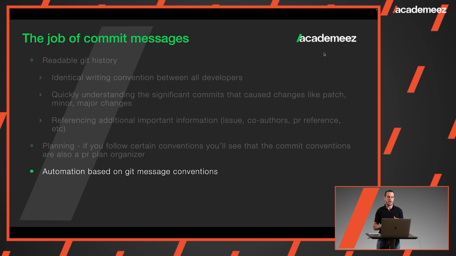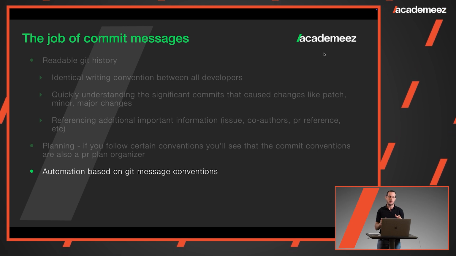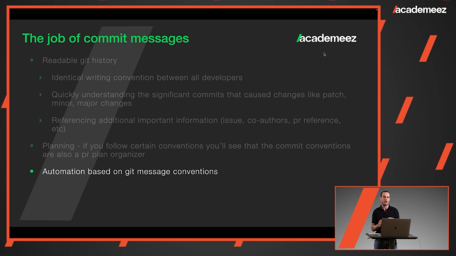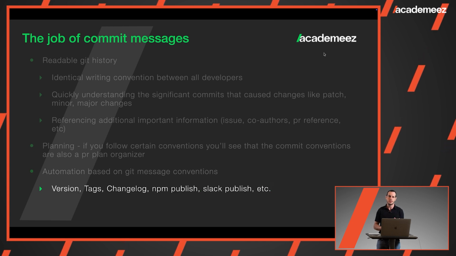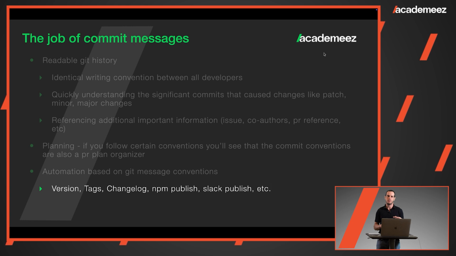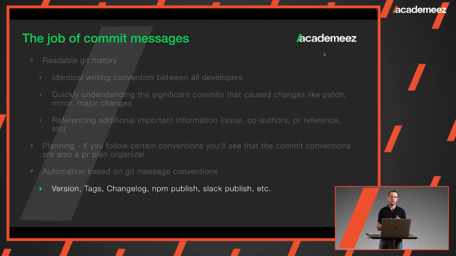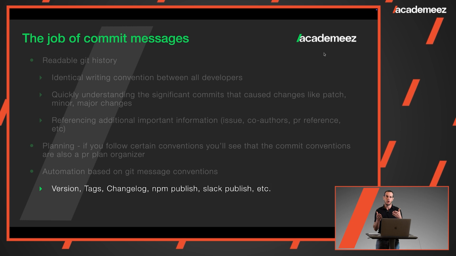Now, the thing that I really want to focus on in this lesson is the part of automation. If you have a convention for your Git messages, there is a lot of automation that you can do based on those commit messages. For example, you actually don't have to bump your application version manually.